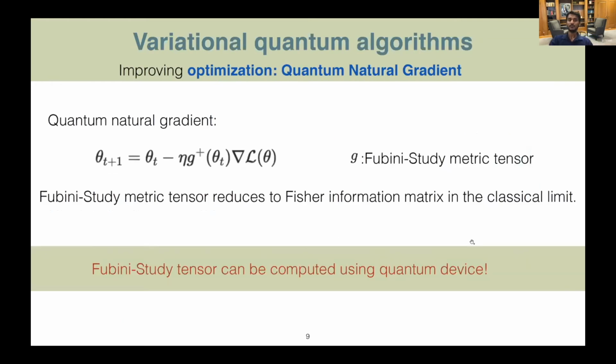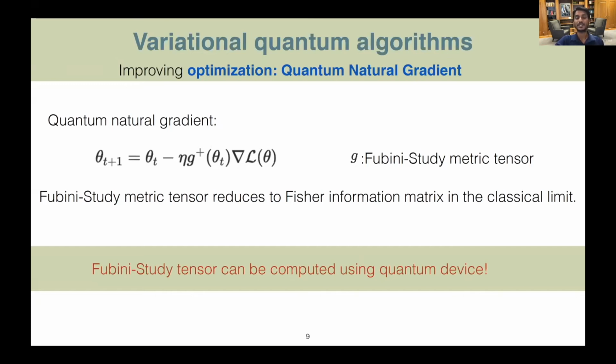Interestingly, one can generalize this to the quantum regime, albeit by computing the Fubini-Study metric tensor instead. This G is a quantum generalization of the Fisher information, and using it we can have a quantum natural gradient method to compute the next step in the optimization process.